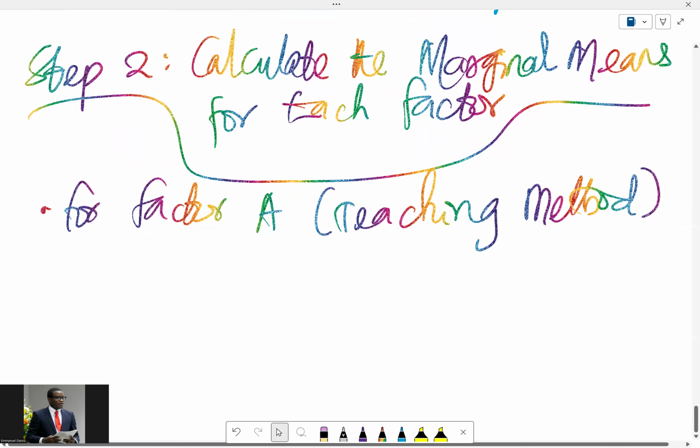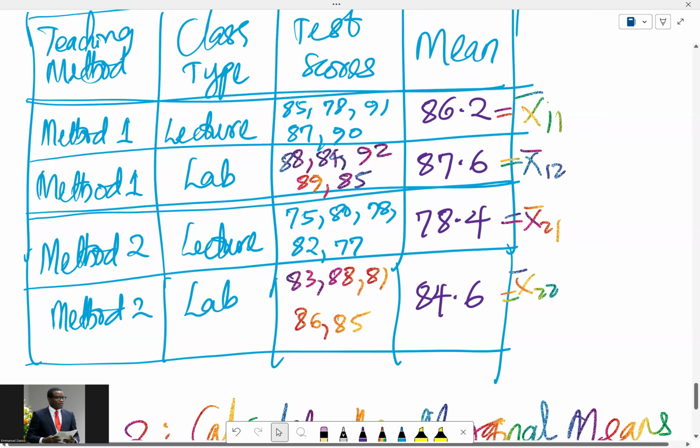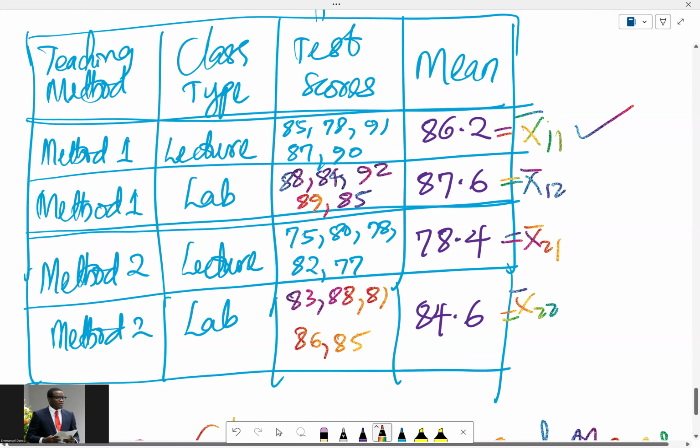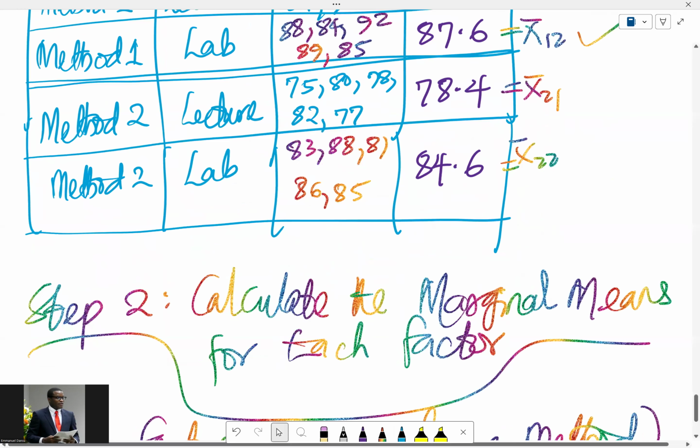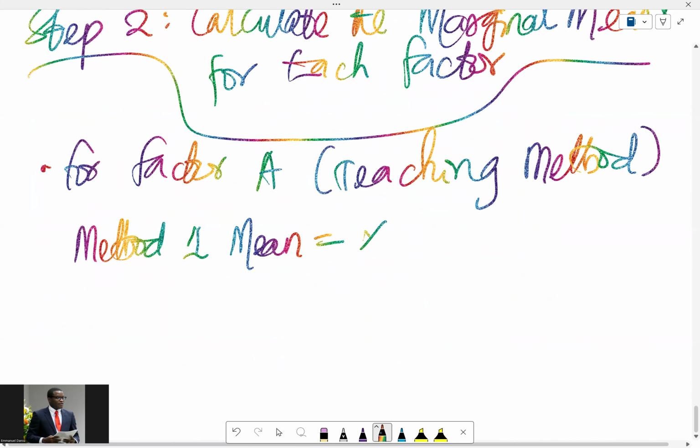So here, for method one mean, you take X11 bar plus X12 bar, based on the coding we have done. You add that up and divide by 2. So that is X11 bar plus X12 bar divided by 2.